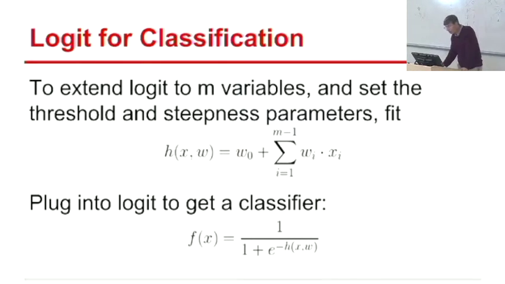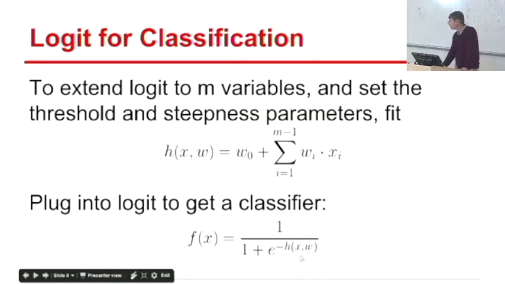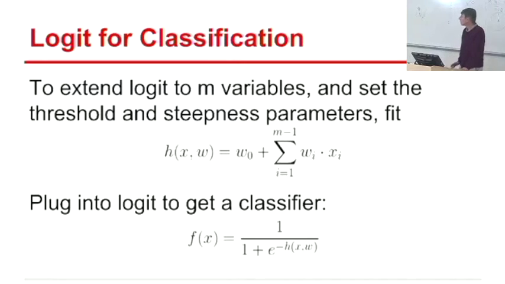Well, because it is getting pumped through this function, if h is positive, it is going to return a value greater than 1/2, and if h is negative, it is going to return a value less than 1/2. Irrespective of the scenario I'm dealing with, 0.5 is the threshold that separates one class from the other.